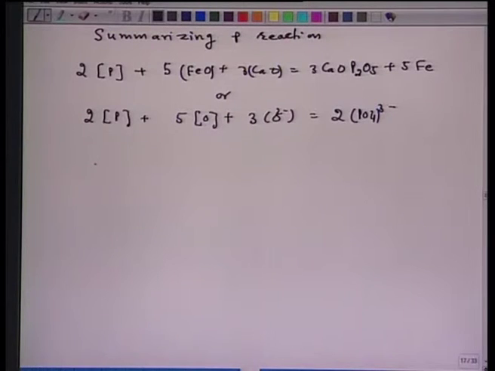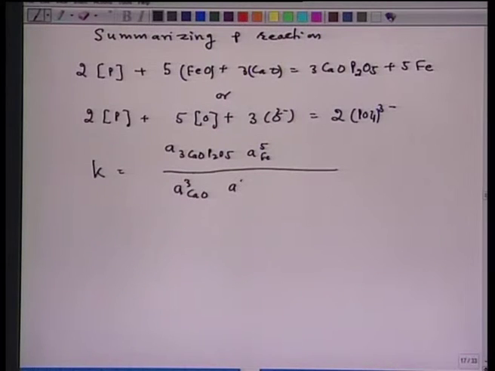So, if I write down the value of K, K will be equal to activity of 3CaO·P2O5 times activity of iron to the power 5, upon activity cube of calcium oxide, times activity of 5FeO, times activity square of phosphorus.